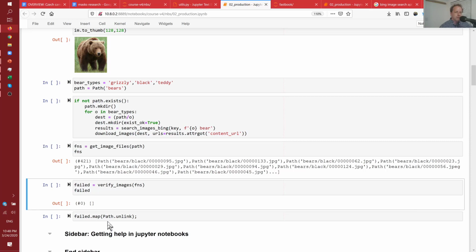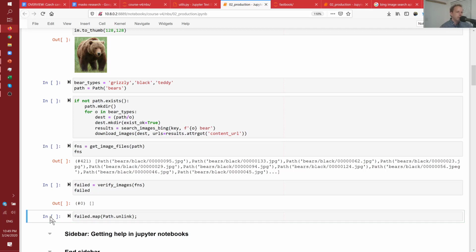But if you did have some, then you would call Path.unlink. Path.unlink is part of the Python standard library, and it deletes a file. And map is something that will call this function for every element of this collection. This is part of a special fastai class called L. It's basically a mix between the Python standard library list class and a NumPy array class.